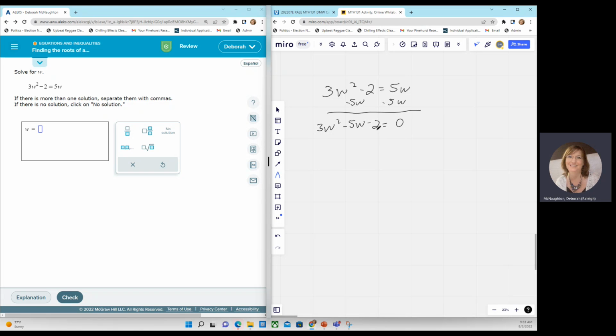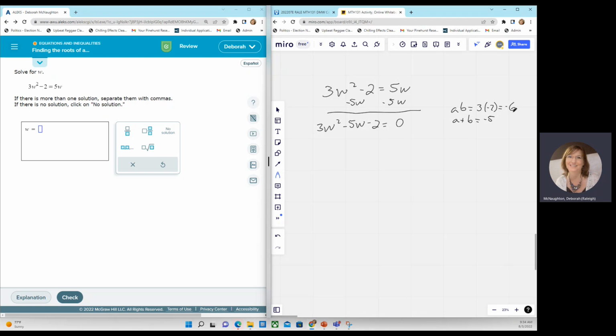The way that we factor this is I need two numbers, A and B, such that A times B equals the first term times the last term, 3 times -2, or -6, and A plus B equals the middle term.